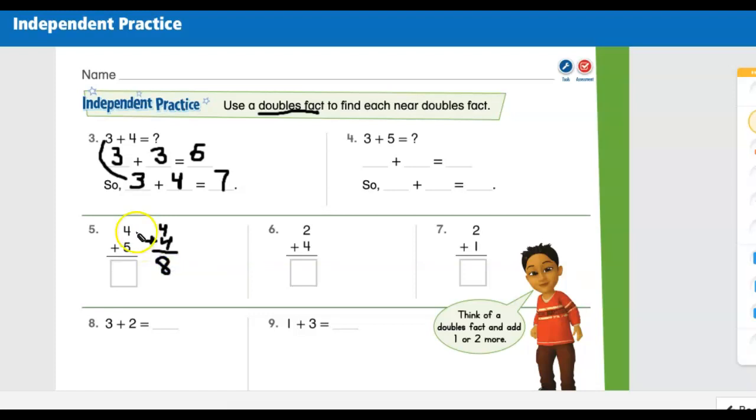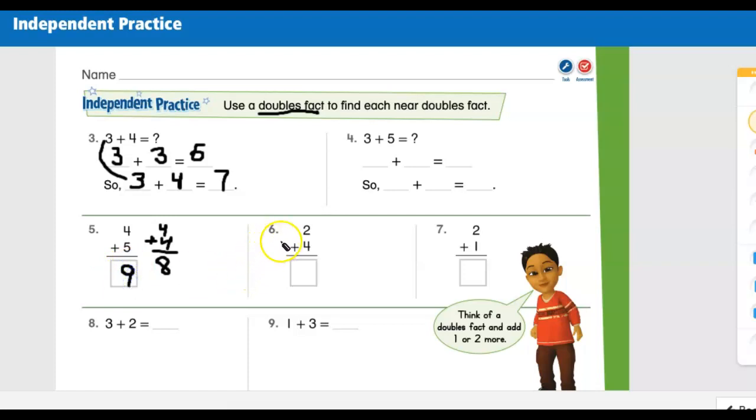Well, if I'm solving for 4 plus 5, which is one more number than 8, I would need to add a 1 to this answer to get my answer choice. So what is 8 plus 1? If I were to add 1 more to 8, what would I get? I would get 9.